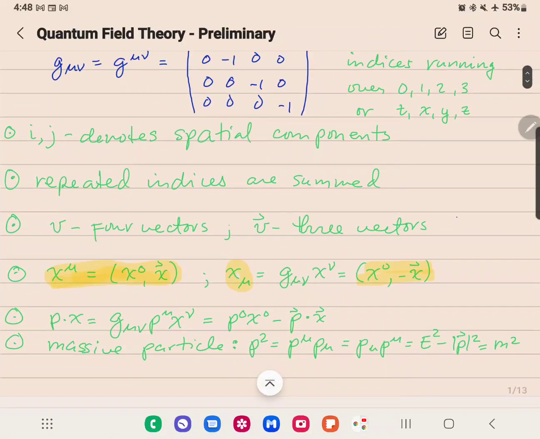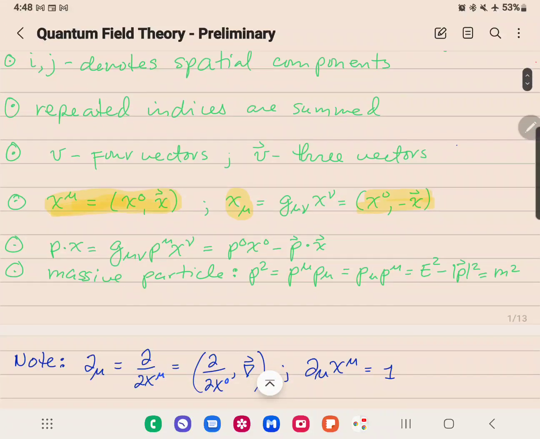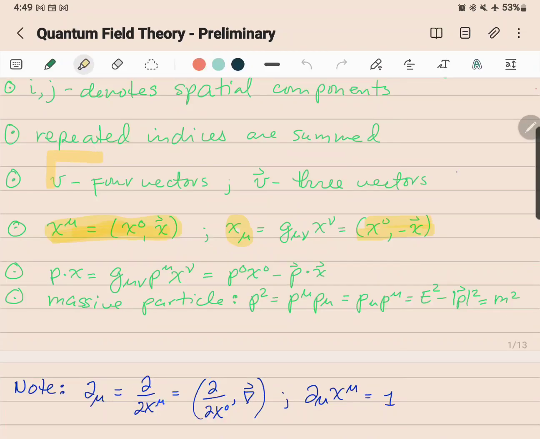Also, when you see a character, that usually means a constant or a 4 vector. So here, this is just a 4 vector, v.